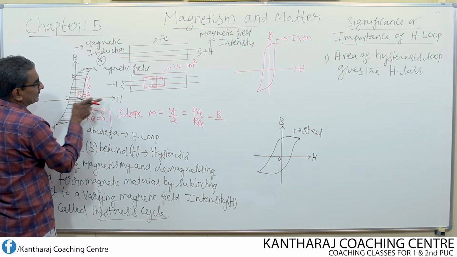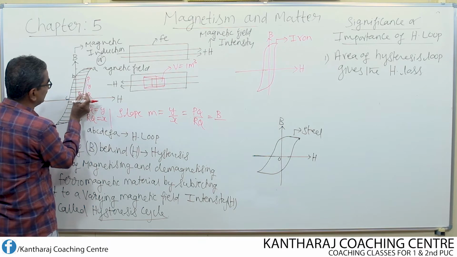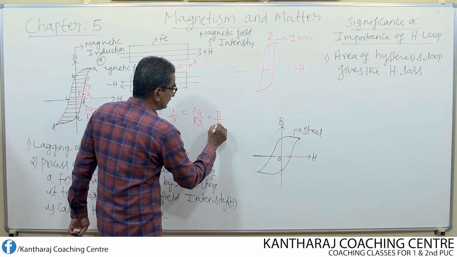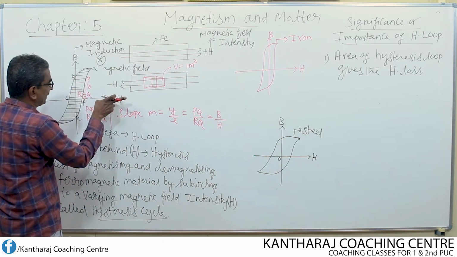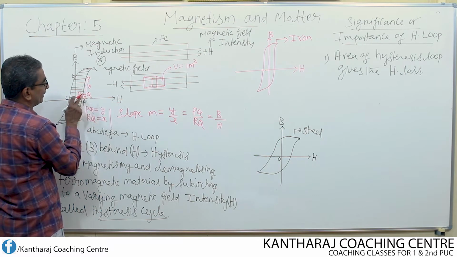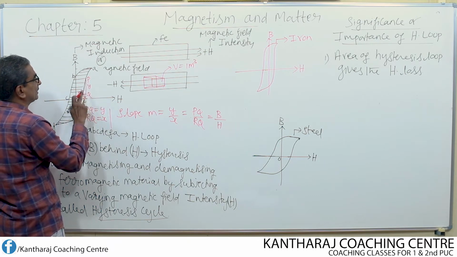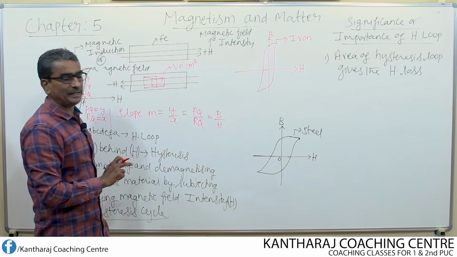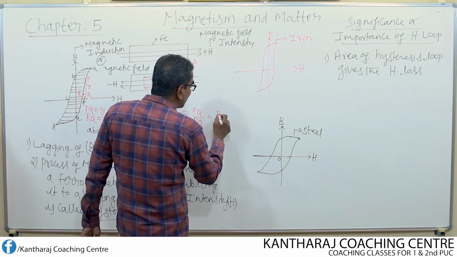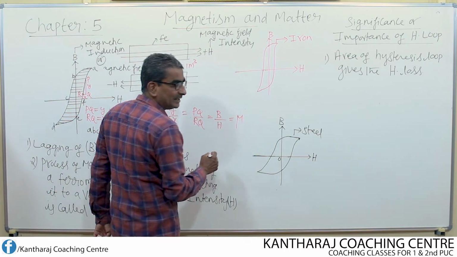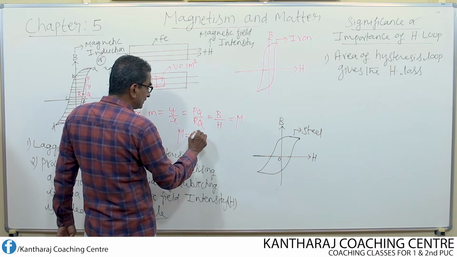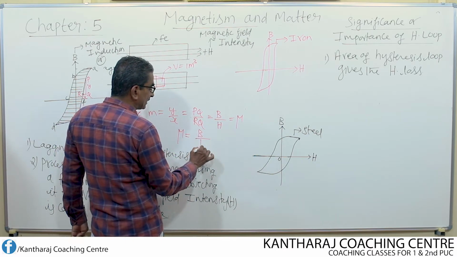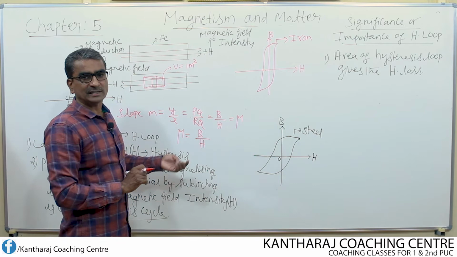That gives nothing but the magnetic field intensity H. This value is H, because along the x-axis what is taken? H. And this line PQ is along the y-axis, which is B. So B by H is nothing but permeability. Permeability is the ratio of magnetic induction to magnetic field intensity. We already studied about this.